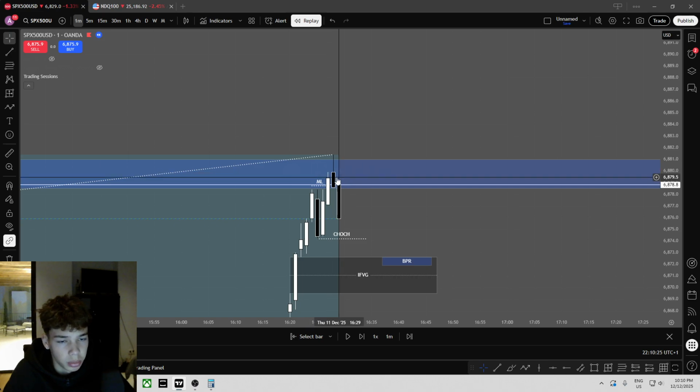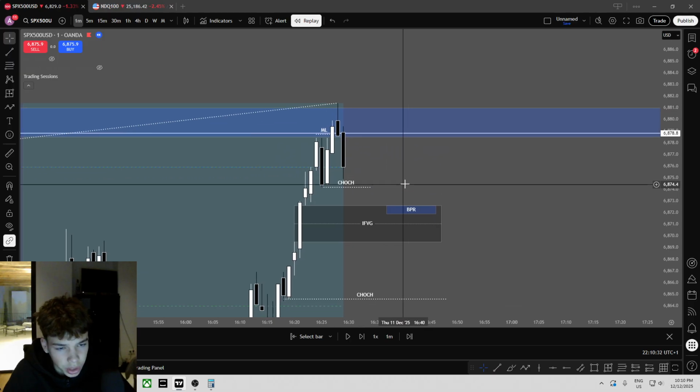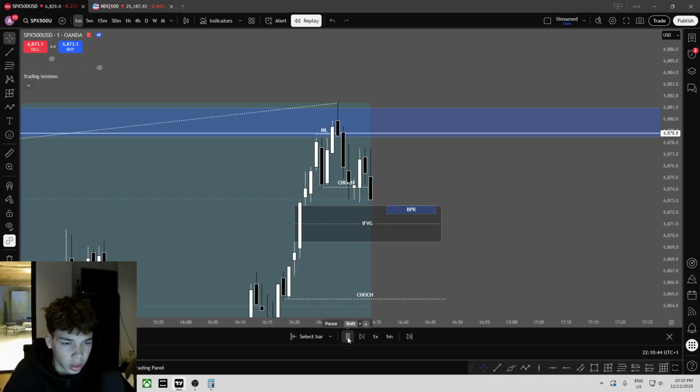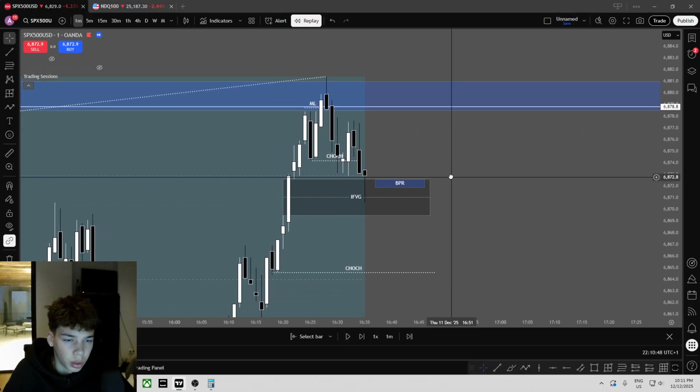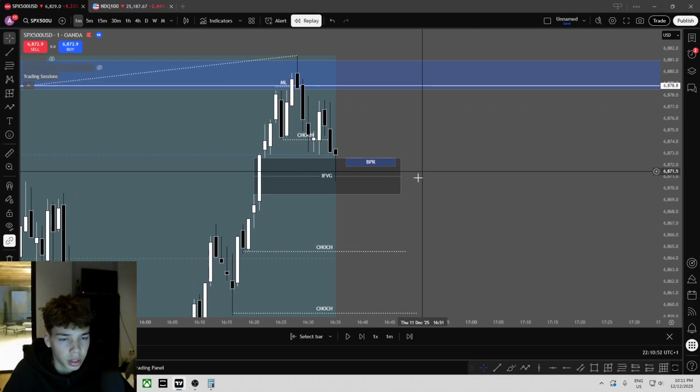Price moves into the BPR and sweeps Asia buy side liquidity. This is a potential change of character, and we have an inverse fair value gap right here in the 1 minute. So let's let it play out. So nothing. Okay, boom. Change of character was confirmed. Therefore, we're moving in a downtrend.